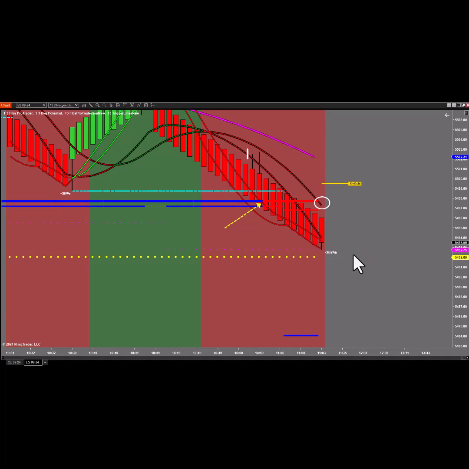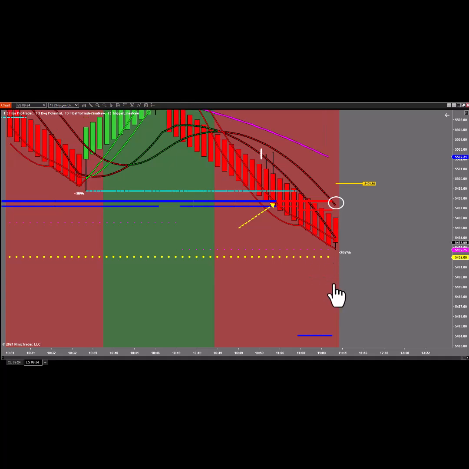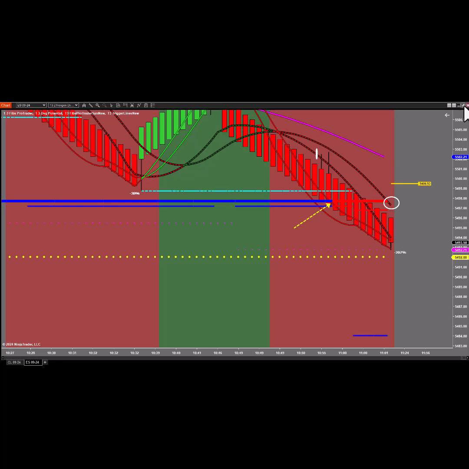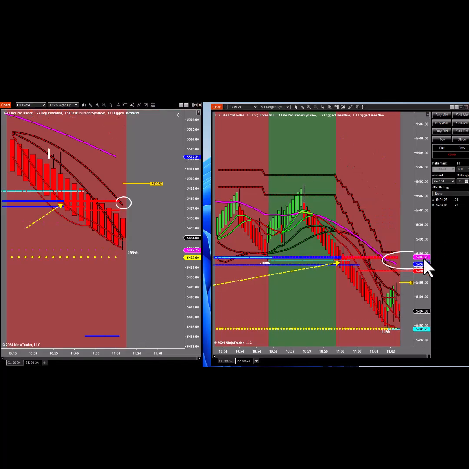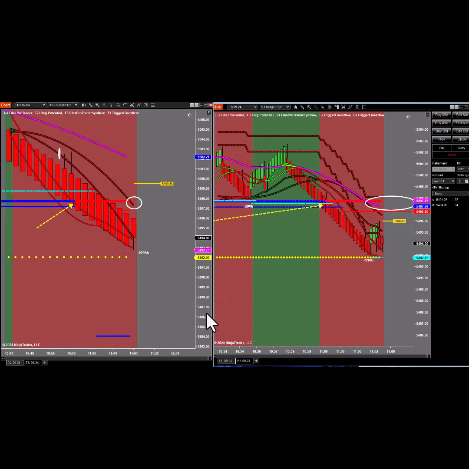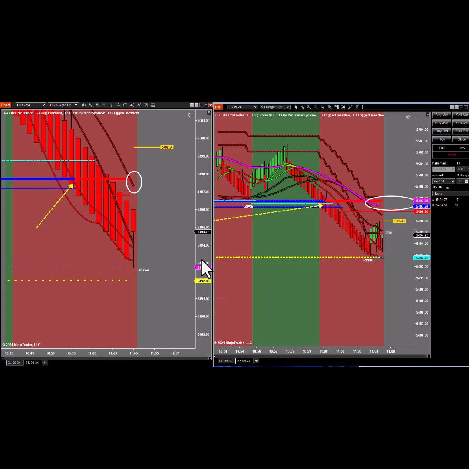It looks like we're going to go down a little further. 92 is kind of our line in the sand. So we've got 97.75 line in the sand up here. Which, again, look, this is going to be our make or break spot right there.